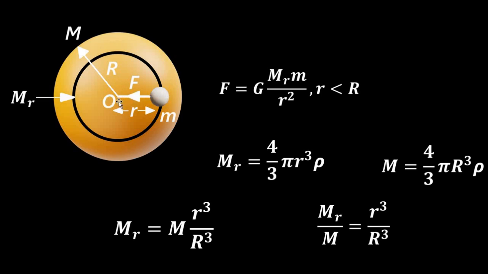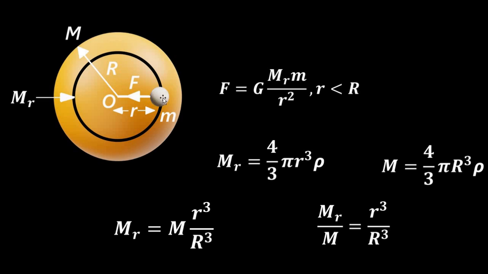This gravitational force is given by G m subscript r small m by r square, where r is the separation distance between the point mass and the center of the sphere, and m subscript r is the mass of this inner sphere, the portion of this large sphere which lies interior to this point mass small m.